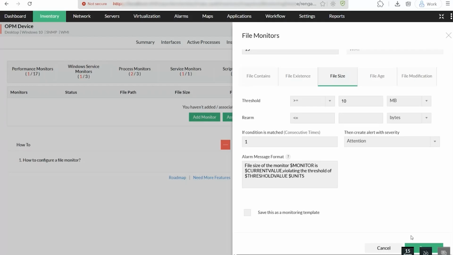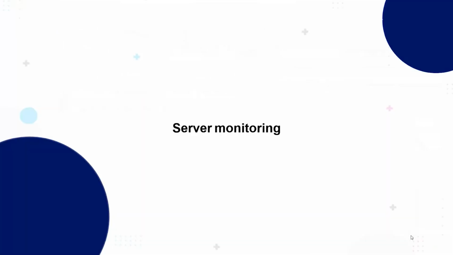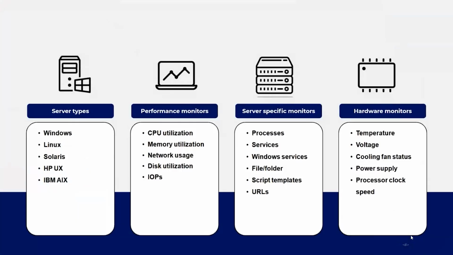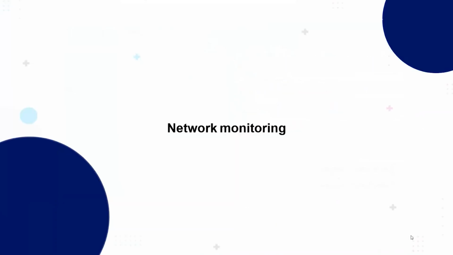So critical files and critical services can be monitored by using these two functionalities, which are available in OpManager. I think this is pretty much it when it comes to monitoring your servers, but we also have many other things such as hardware monitors, which we will come to one by one.